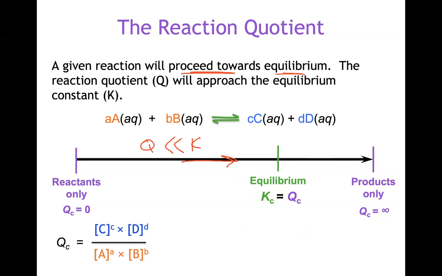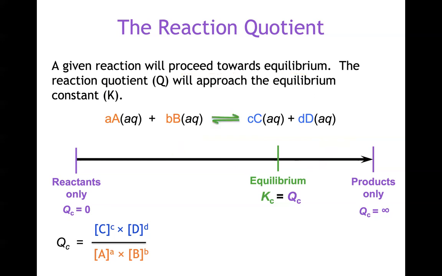Once it passes equilibrium, now Q is much larger than K. So for the reaction to reach equilibrium again, it's going to move in the reverse direction. So the reaction quotient will approach equilibrium, and it's going to shift either forward or reverse so that it reaches equilibrium. When Q is smaller than K, it's shifting in the forward direction, and when Q is larger than K, it's shifting in the reverse direction.